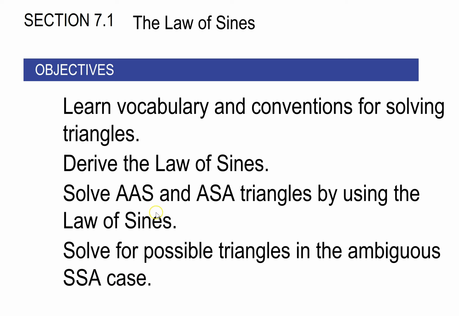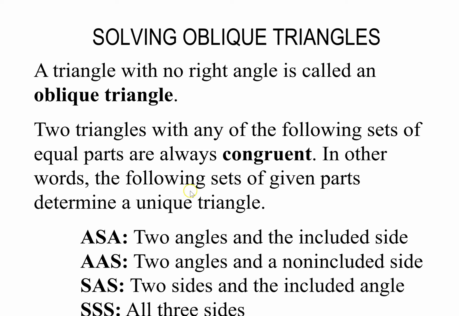So think back to your days in geometry in high school. You used 4 different ways to prove that triangles are congruent: the ASA property, the AAS property, the SAS property, and the SSS property.